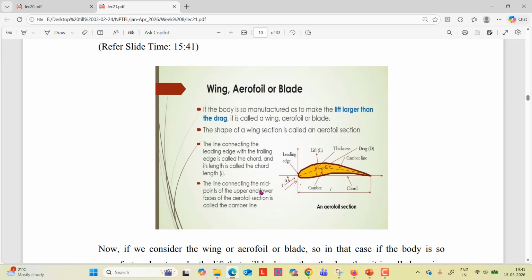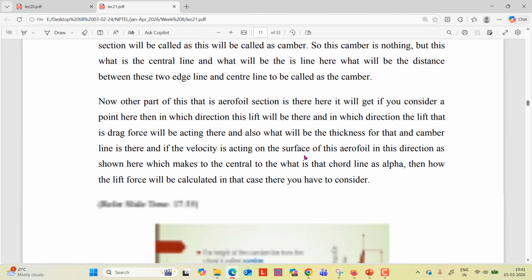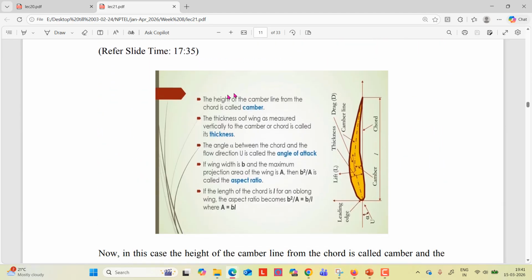The line connecting the midpoints of the upper and lower faces of the aerofoil section is called the camber line. This is the camber line. So you can imagine how the wings are being made. It is all about fluid mechanics, right?